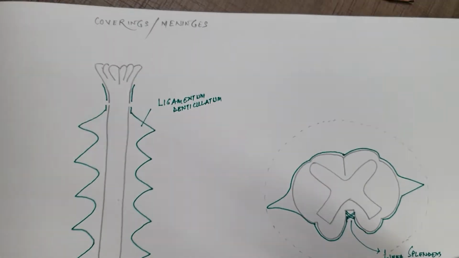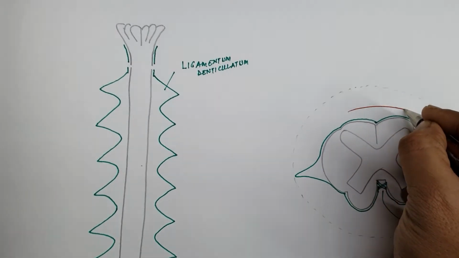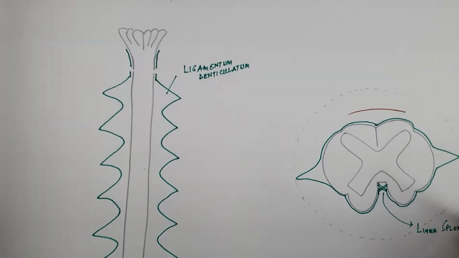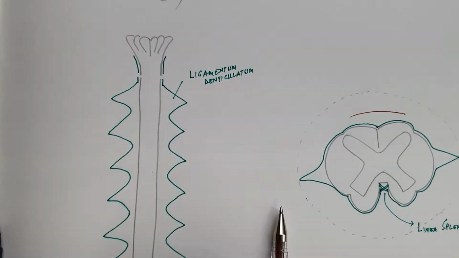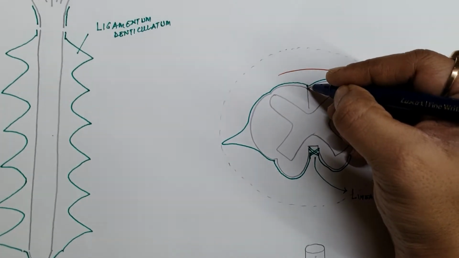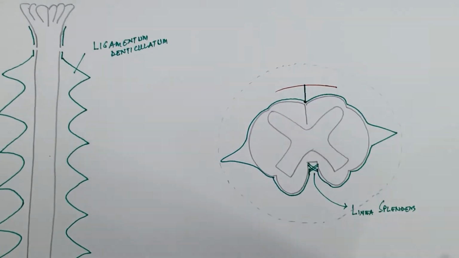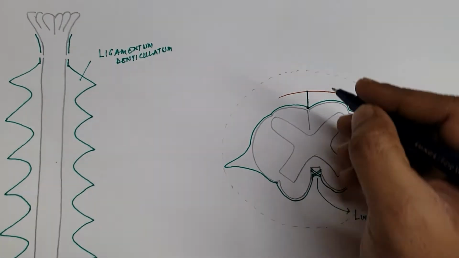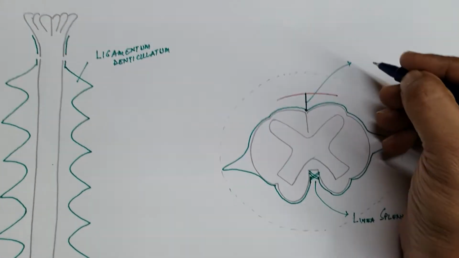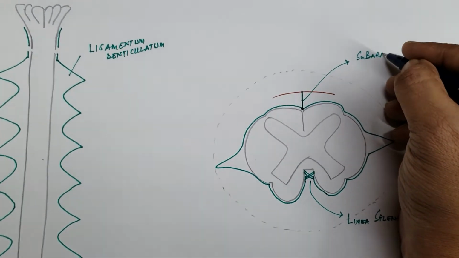Above the pia there will be arachnoid mater. From the pia mater posteriorly till the arachnoid, there is a septum. This is also a modification of spinal pia, known as the subarachnoid septum.